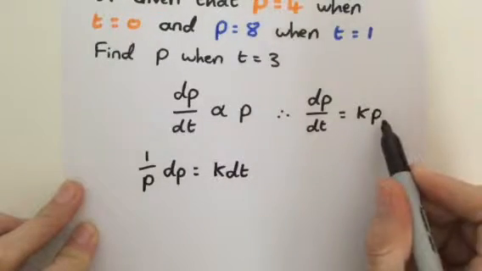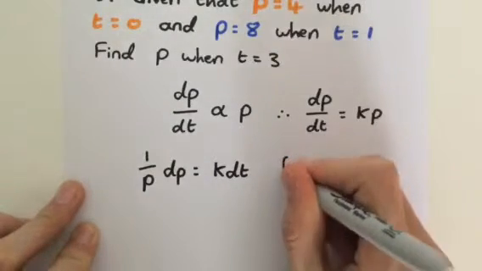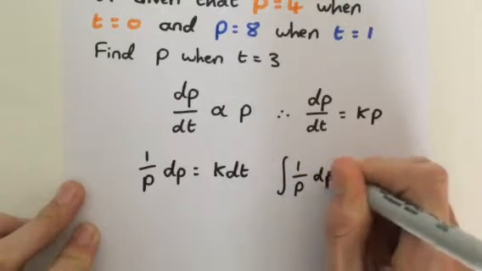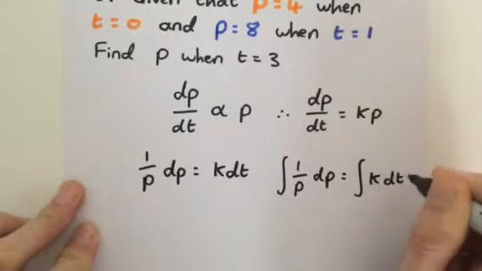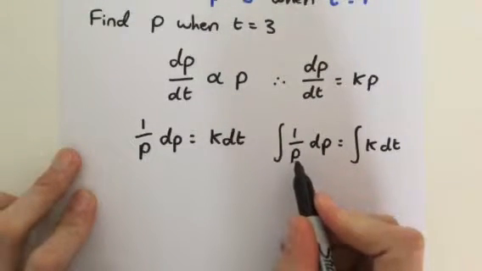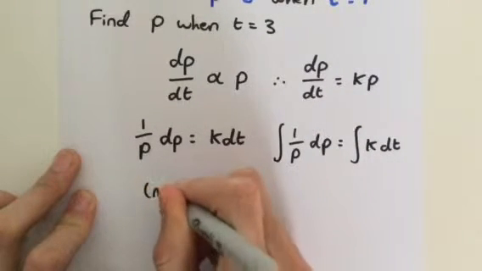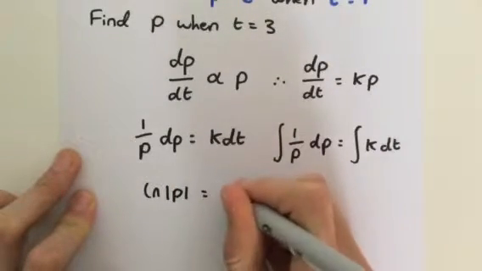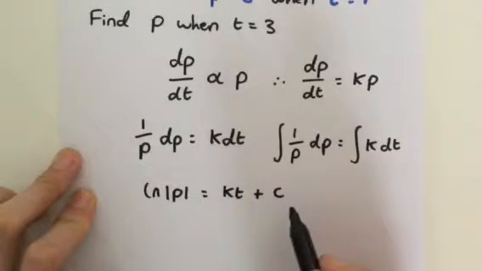Bring dt on that side, divide by P. Therefore we integrate 1 over P dP is equal to the integral of k dt. This is a very nice, simple integral. This is the natural log of the modulus of P. So ln of P is equal to the integral of k with respect to t, which is just kt, k is a constant, and we add our constant of integration c.